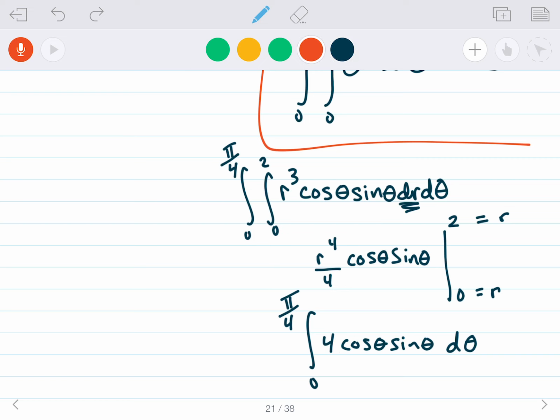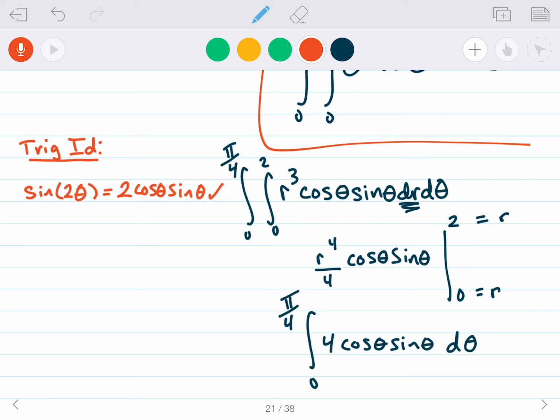What I'm going to do, I'm going to use this trig identity. And that trig identity is that the sine of 2 theta is equal to 2 cosine theta sine theta. I'm going to use this identity.